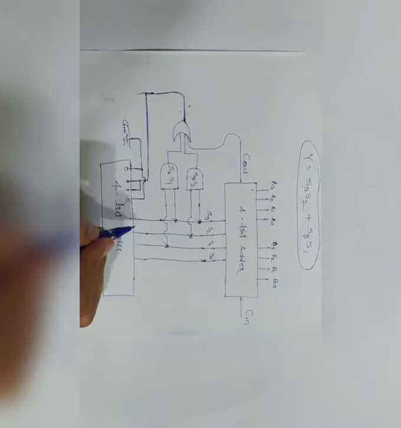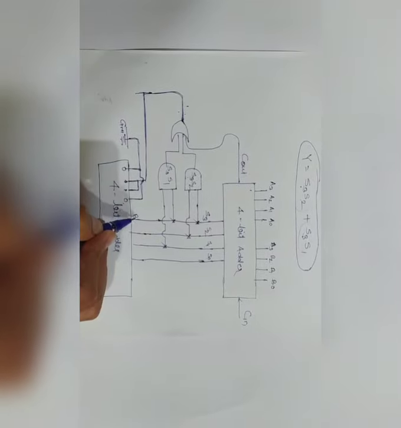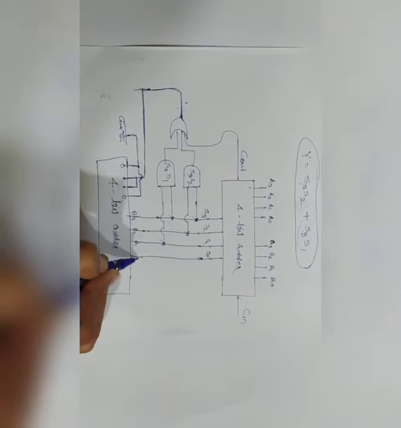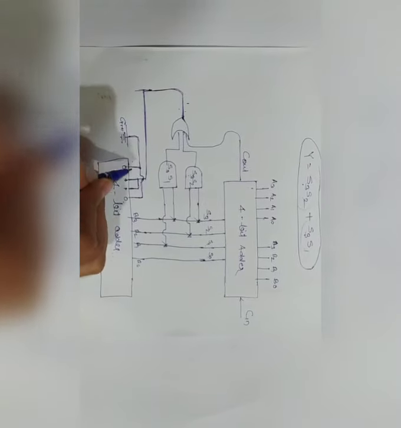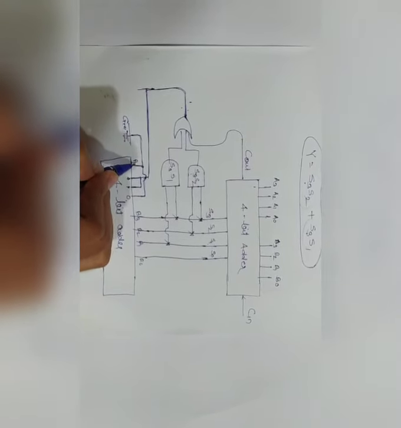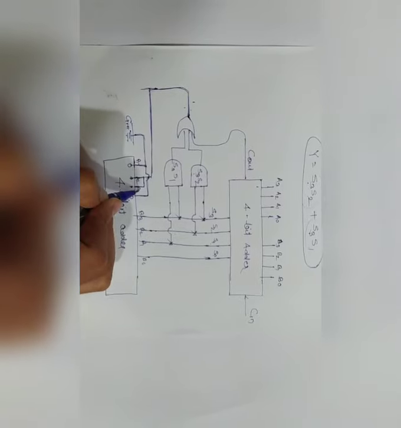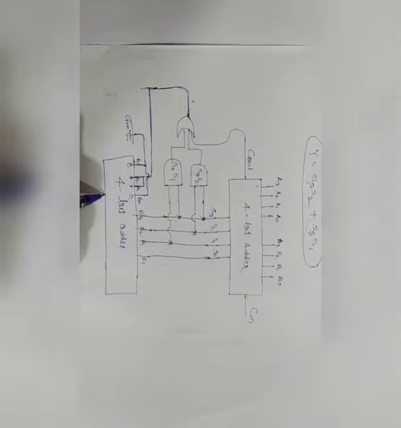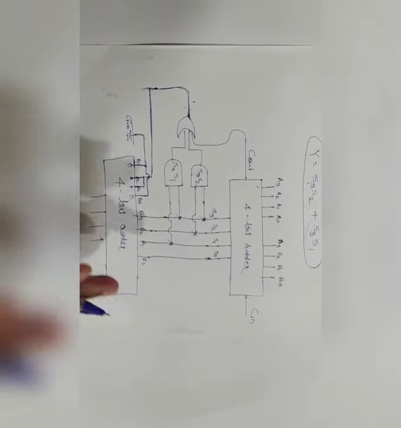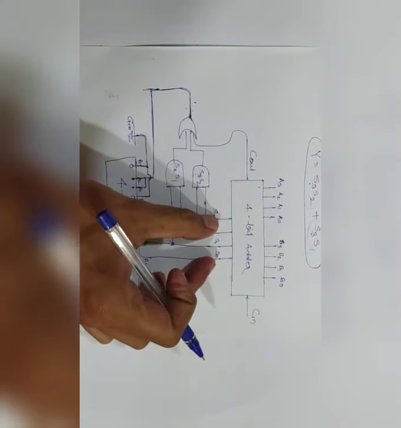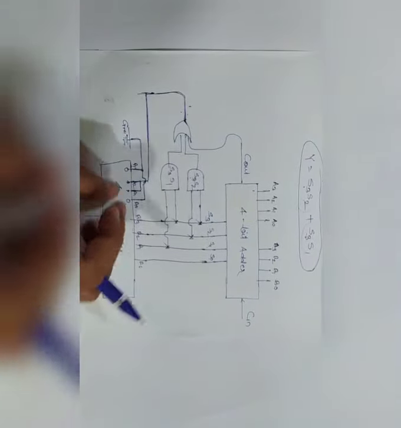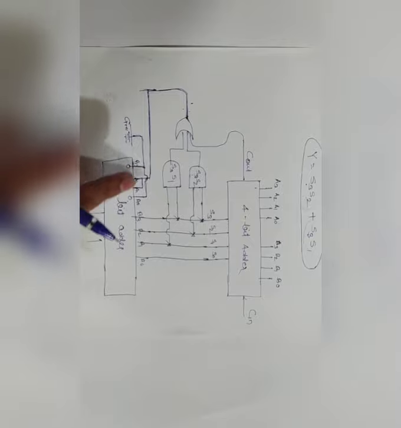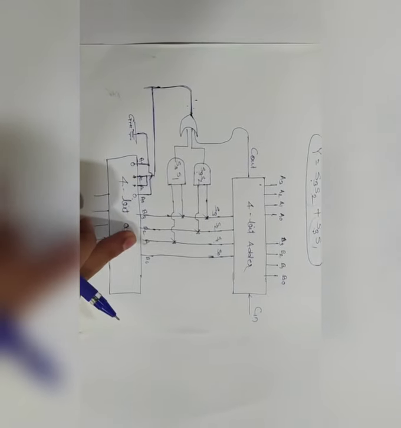You can denote it as B3, B2, B1 and B0, and this bit is A3, A2, A1 and A0, right? Now if the sum is greater than 9, you have to add 6 to that bit, then automatically it generates the 6 and this gets added to it.